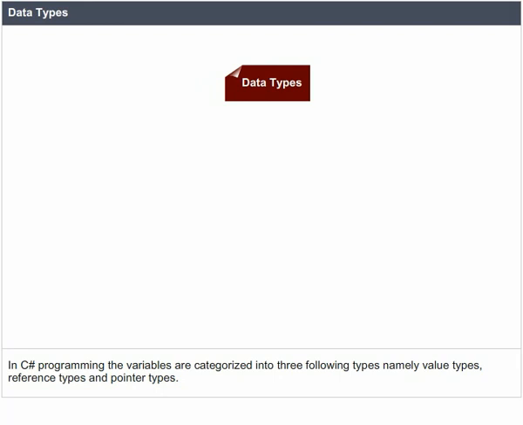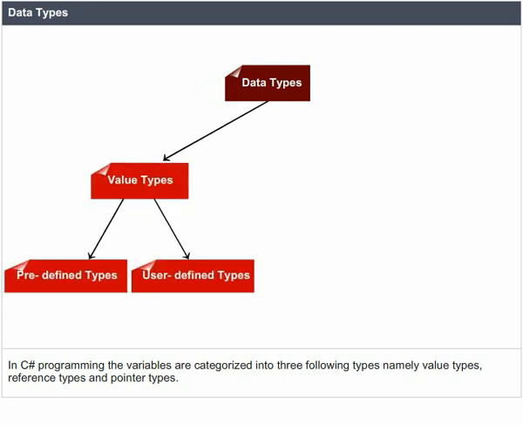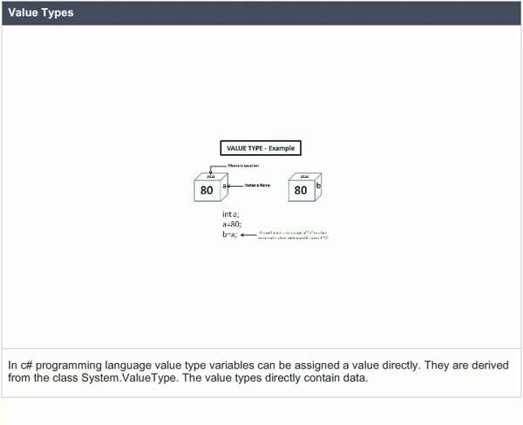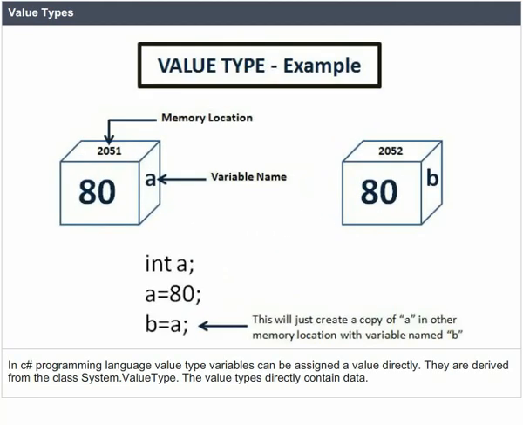Data types. In C# programming, the variables are categorized into the three following types, namely value types, reference types, and pointer types. Value types. In C# programming language, value type variables can be assigned a value directly.